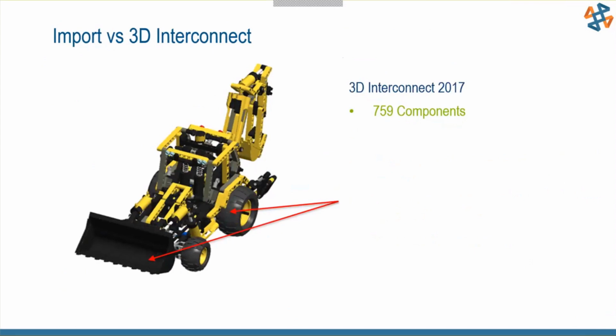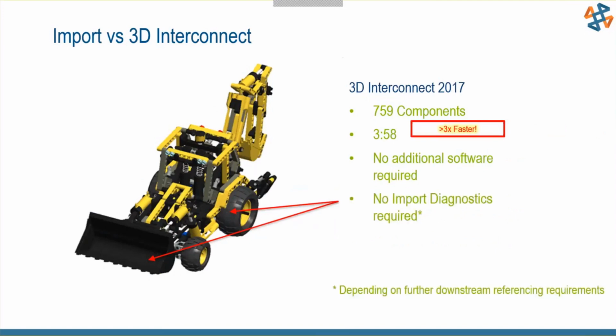Using 3D Interconnect, same 759 components, it only took almost 4 minutes, so 3 times faster. No need for Inventor View. It doesn't require any kind of import diagnostics, depending on what you're trying to do with the file downstream.